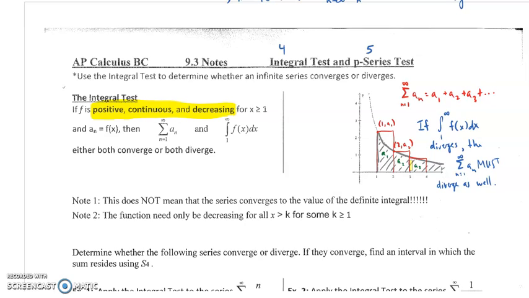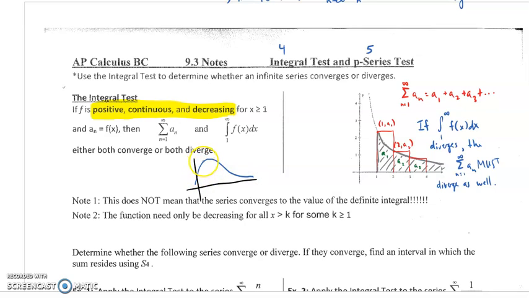Okay? The other thing you want to remember is that it's possible to have a graph that isn't always positive, continuous, and decreasing. We could have a graph that maybe starts off increasing and does a little bump like this and then turns around eventually and starts decreasing.